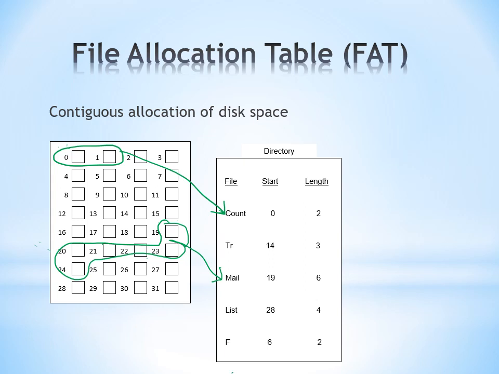It starts at block 6, so block 6 and 7 belong to F. So this is how the contiguous allocation works. It should start with the block and it should be contiguous. That's why they give you the length of the block.